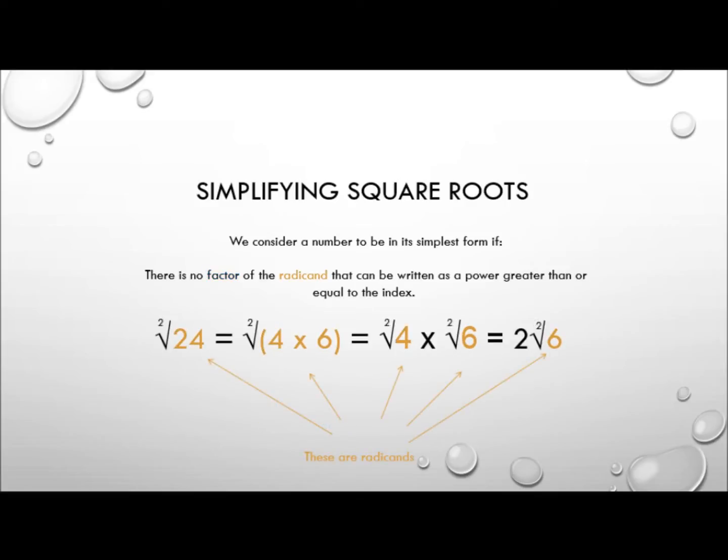The values inside the radical, to be square rooted or cube rooted or whatever, are called radicands. And the little number just outside the tick, which will either be a 2, 3, 4 or 5, which tells us whether it's a square root or a cube root or a fourth root or a fifth root, is called the index. Sometimes there will not be an index there. You'll just see the radical sign with no index, and if there is no index at all, we assume it's the square root, so we assume the index is going to be a 2.